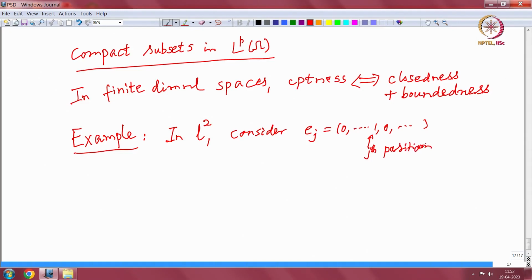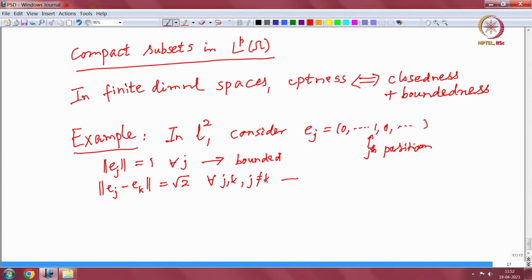Each e_j has norm 1 in this L2 for all j, so clearly the set is bounded. If you consider the distance between any two vectors in this set, this is root 2 for all j not equal to k.